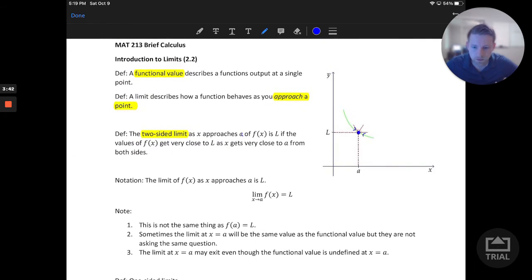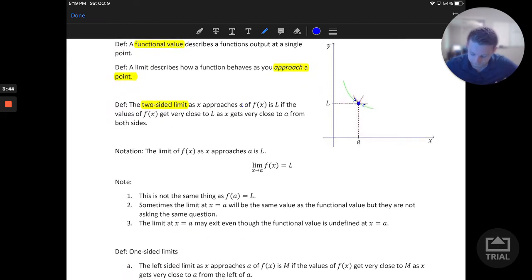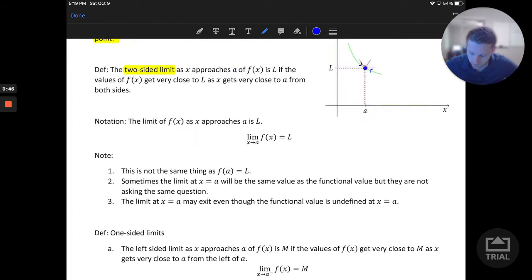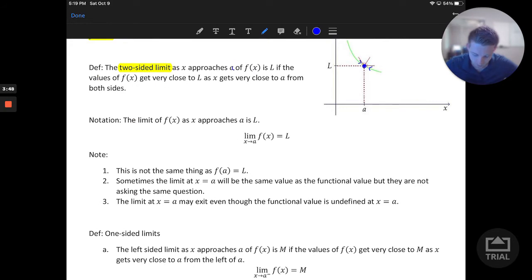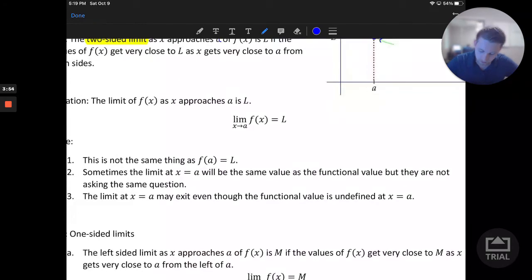So let's consider some notation with this limit. When I consider the limit of f of x as x approaches a is L, this would be notated as, again, the limit as x approaches a. That would be our limit form. This is the function we're taking the limit of, and L would be the actual limit value.